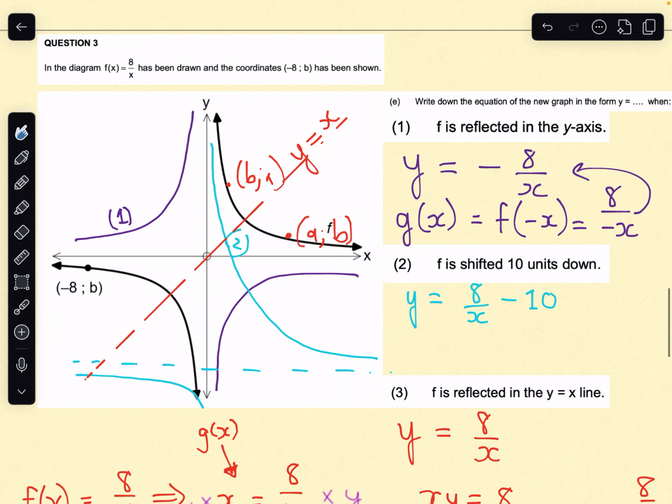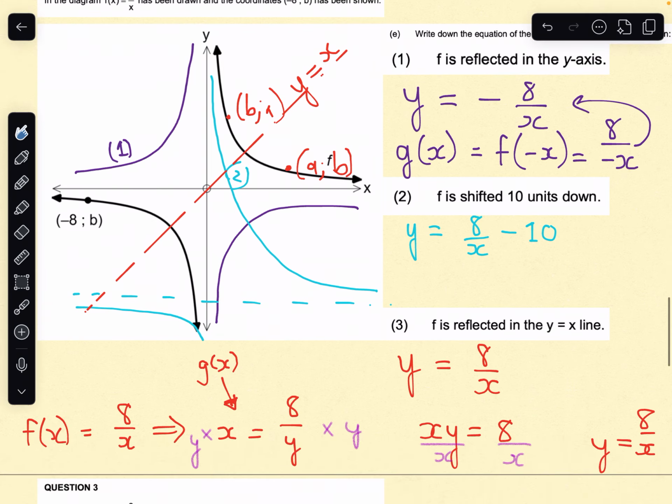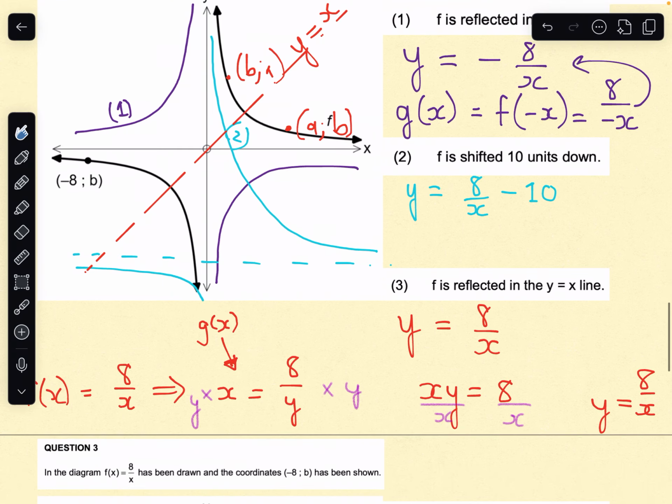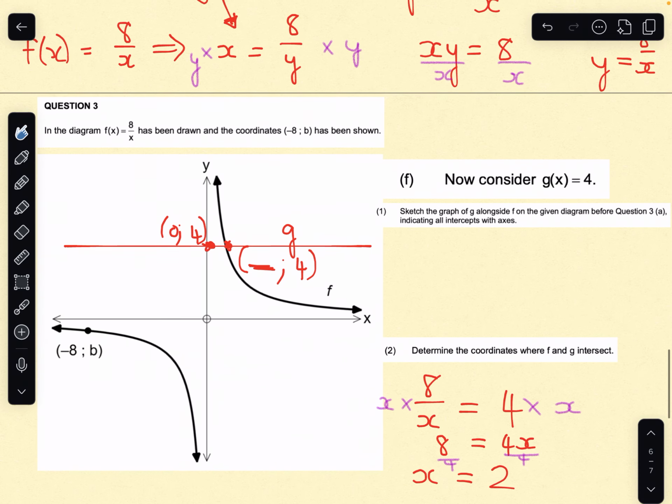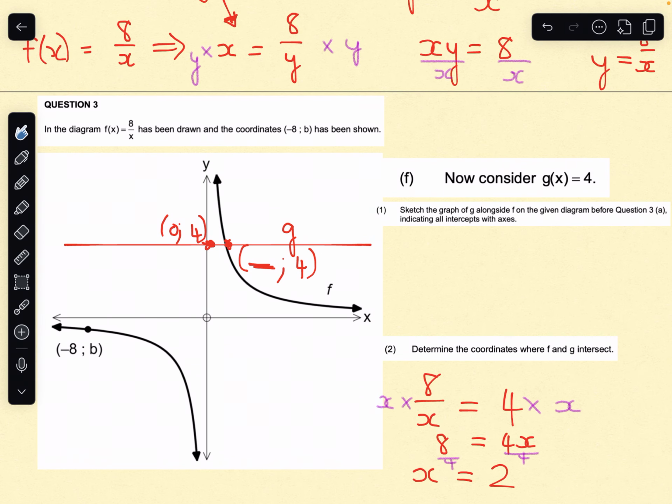Right, then the next question, y is equal to -8 over x is correct. The next one, y is equal to 8 over x minus 10. And then the last one, y is equal to 8 over x. Right, and then for the next question, you get a mark for labeling your y-intercept. You get a mark for recognizing that it's a horizontal line.